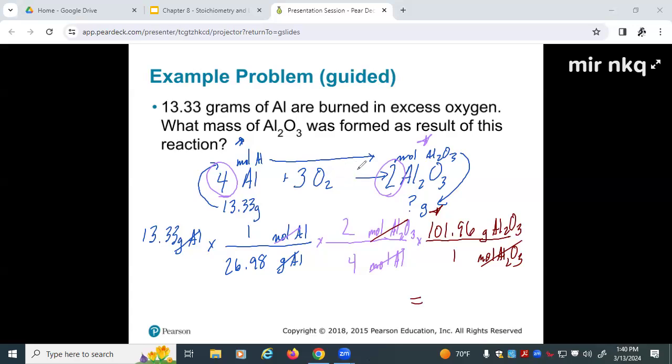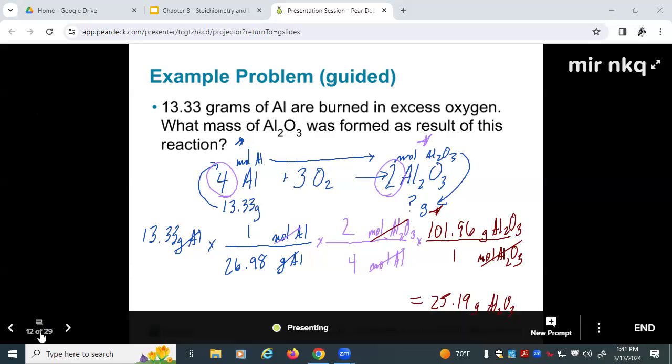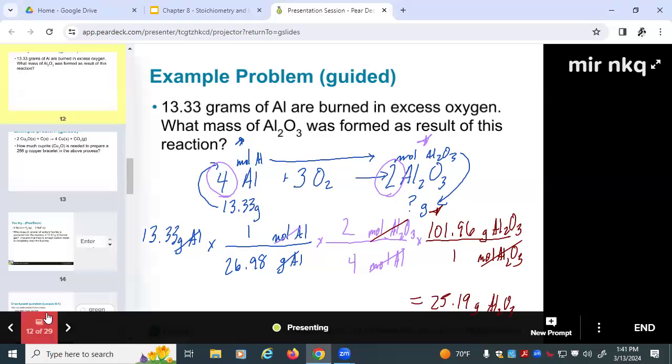So 4 come out of this, 25.19 grams of aluminum oxide. Any questions so far?